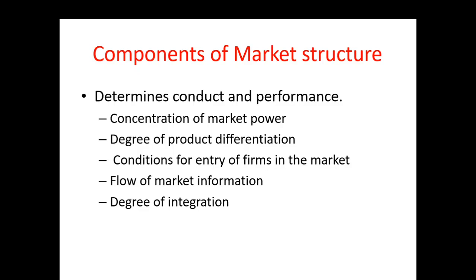Market structure's performance also depends upon the degree of product differentiation, because market structure has an organization type, size, and design. Product differentiation is a component of this size, shape, and design. If there is very little product differentiation, if you have a single or two or three products, then the market structure and the performance will be according to it.